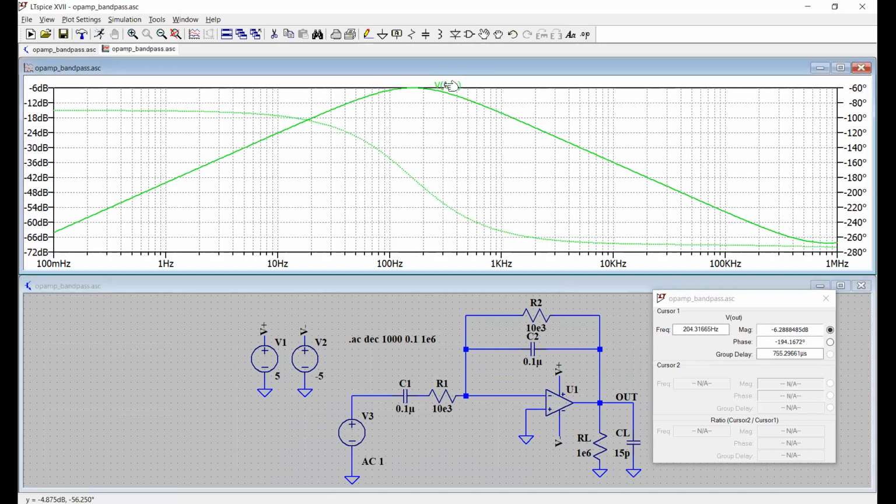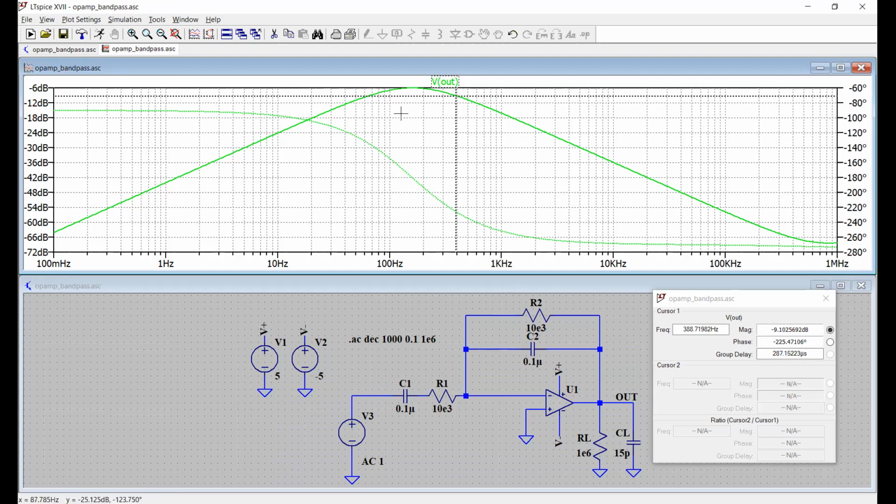We see the maximum gain that we have is about minus 6 dB, and the phase shift is about minus 180 degrees. For the two pole frequencies, at minus 9, one is about 63 hertz here, and the other is about 380 hertz.